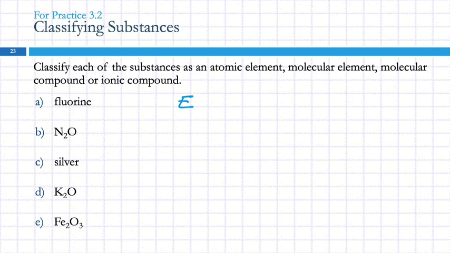How would we know that? Well, fluorine is one of the elements you're supposed to memorize the symbol for. If you can find it on the periodic table, it's an element. If it has a single name, like fluorine, as opposed to carbon fluoride with 2 words, it's most likely an element. Is this atomic or molecular?